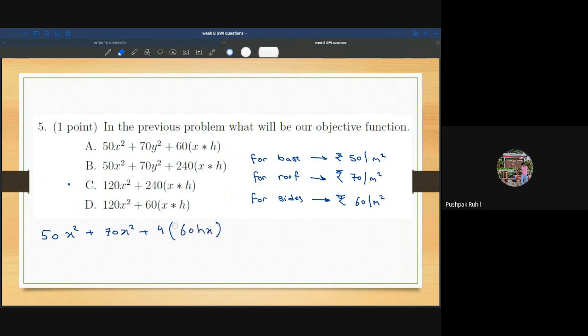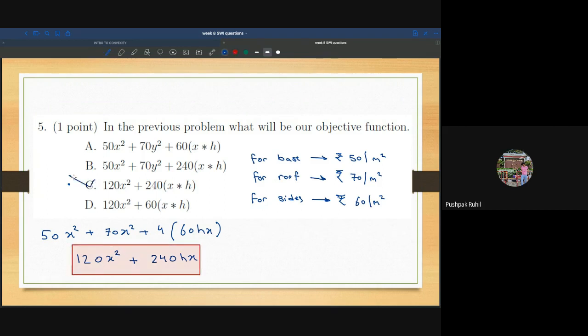So this would be the objective function, and when you solve it you will get 120 x square plus 240 hx, and this is indeed the correct option. So option C is correct.